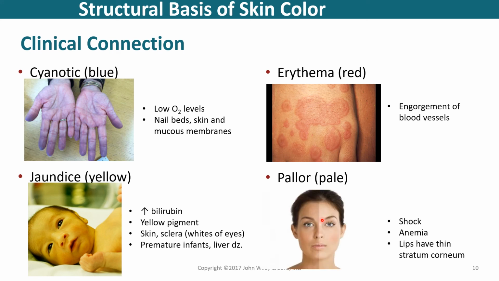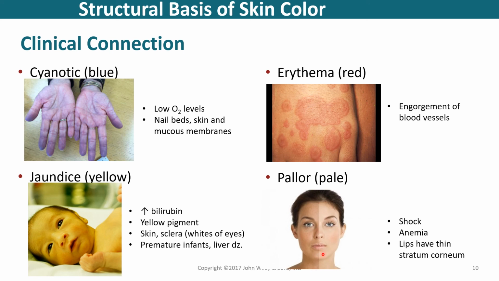And the last one here, pallor or pale, that's going to be just the opposite of erythema. That's going to be a lack of blood supply, and that can happen when an individual goes into shock, when the skin blood vessels clamp down and they're trying to send that blood somewhere else in the body. So they'll have less blood going to the skin, because remember, the skin contains about 8 to 10% of your blood supply.